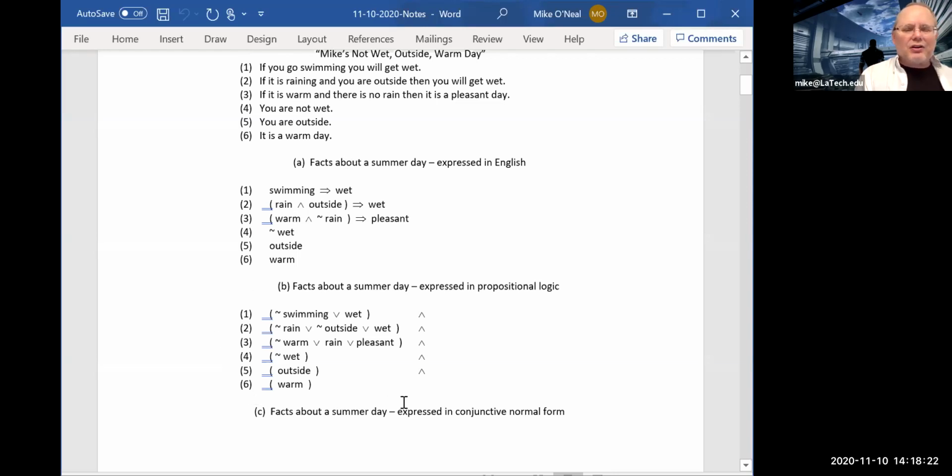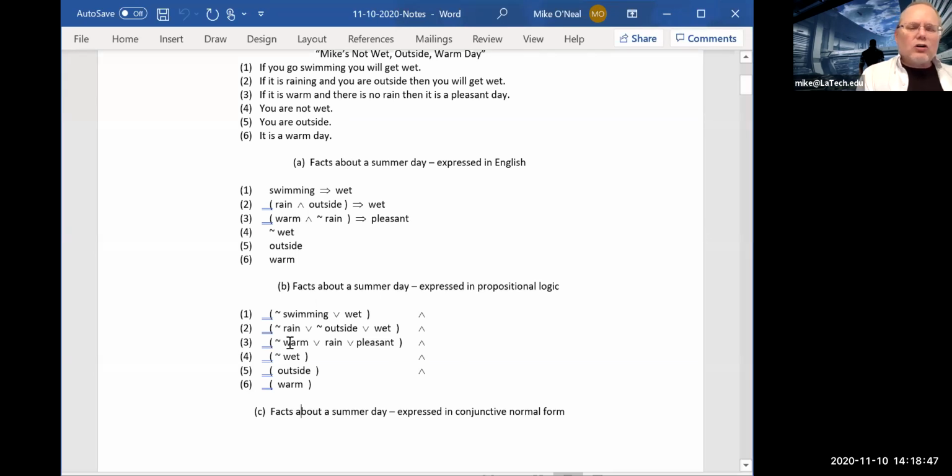This last thing here will look like gobbledygook to you right now. But what it says is: not swimming or wet as a unit, and not rain or not outside or wet as a unit, and not warm or rain or pleasant as a unit, and not wet, and outside, and warm.